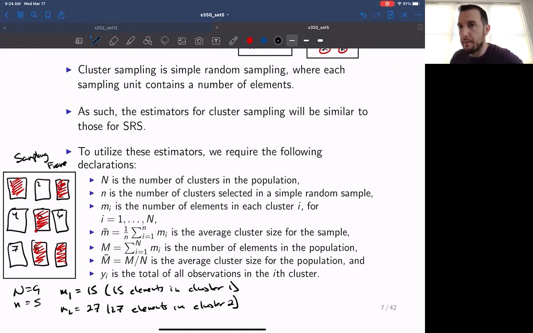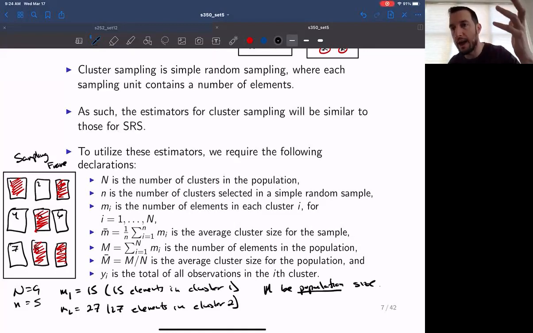Capital M is going to be the total number of elements in the entire population, okay? So we let capital M be population size. Okay, so the notation is slightly different. So N, which we are used to being the value that represents the number of observations in the population.